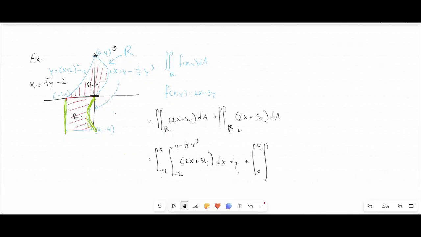Square root of, yeah, that's correct, right?